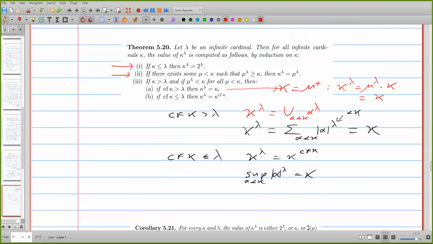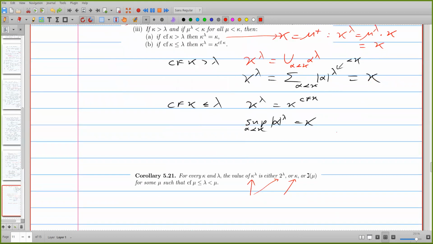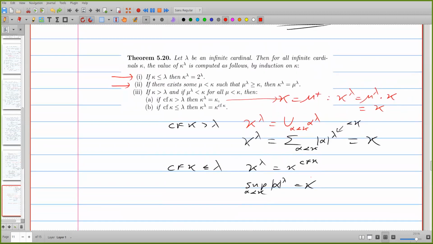And then it can be the Gimel of kappa in the particular case we have here, but that's in the case when all the mu to the lambdas are less than or equal to kappa. So it is a Gimel of kappa itself.